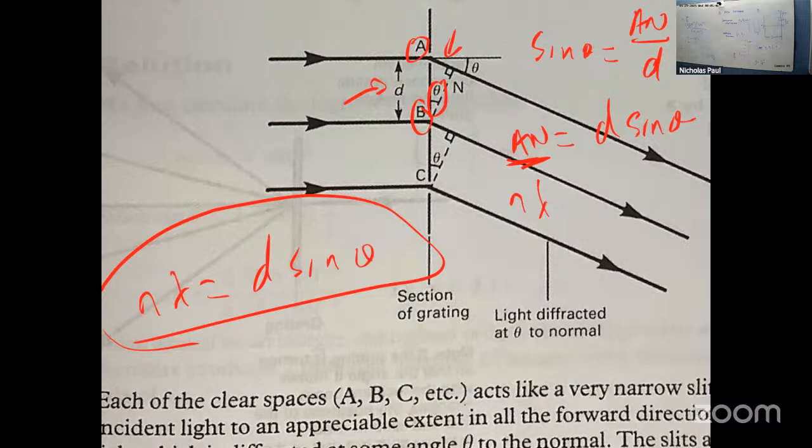Where is the n lambda coming from again, Aaron? Why is En equal to n lambda? What is En?